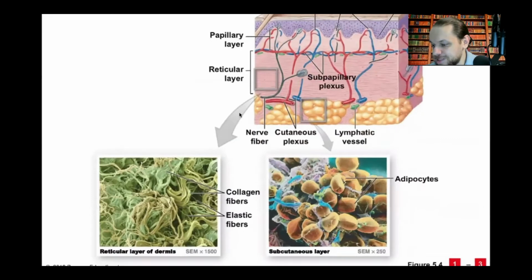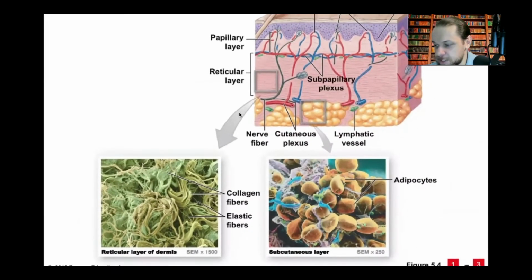The other important thing we're going to talk about is collagen, shown here. Collagen is a protein, and it's not only there for the fibers of the skin. It also makes up a good chunk of your connective tissue and bone tissue.